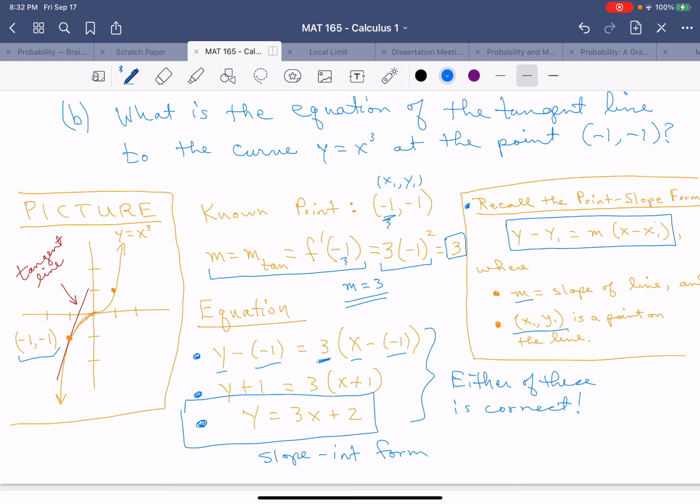You may remember that from algebra, because the slope is that 3 sitting right there. And the y-intercept is a point, it's (0, 2), and that 2 comes from right there. You can see that if you go back to the picture over here, that tangent line is going to hit at (0, 2).